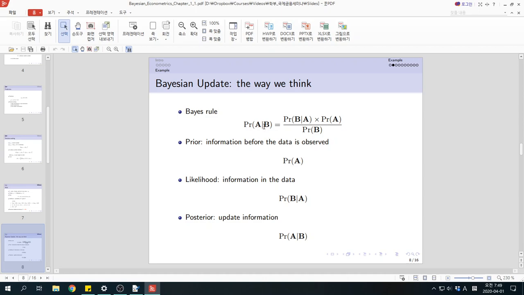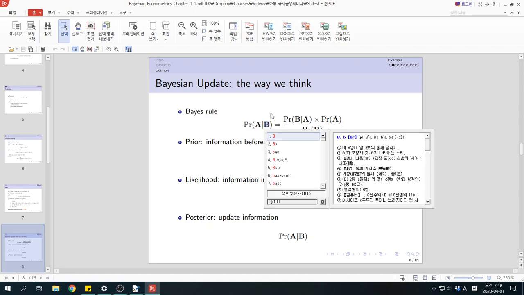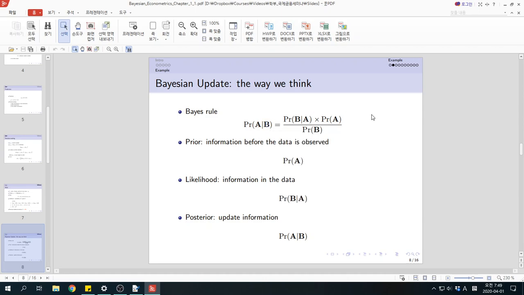Once you have new information, your expectation, or the probability of a particular event, will change.